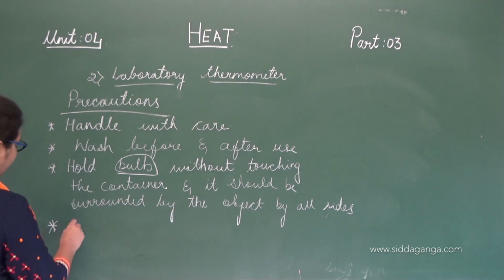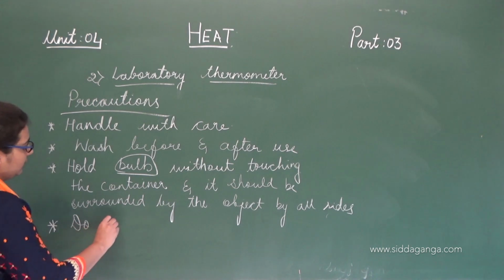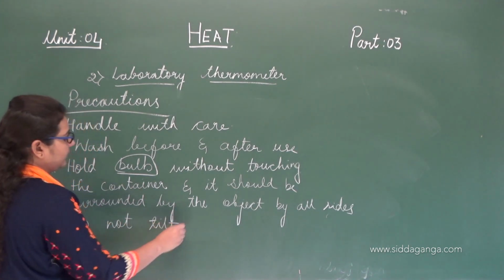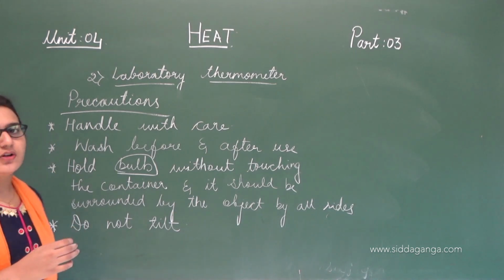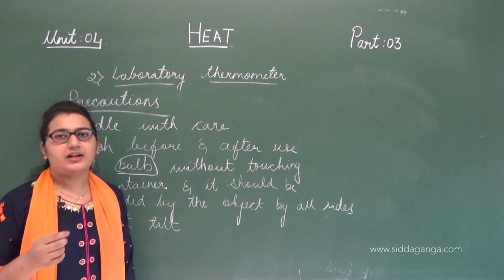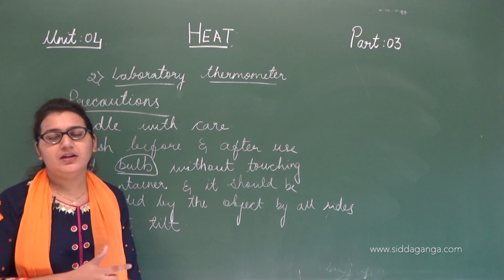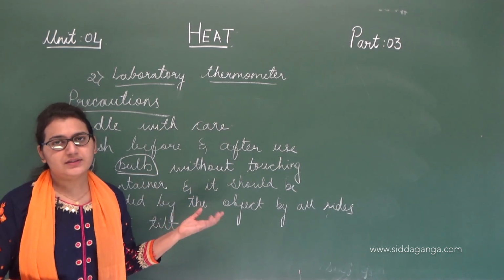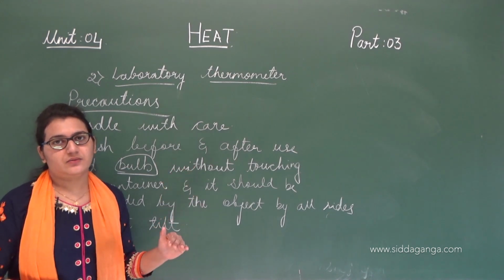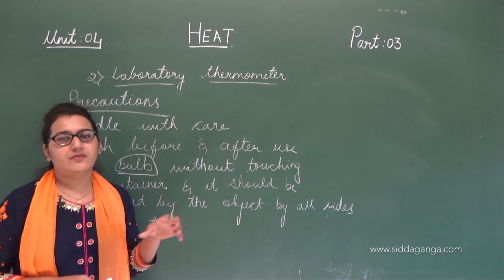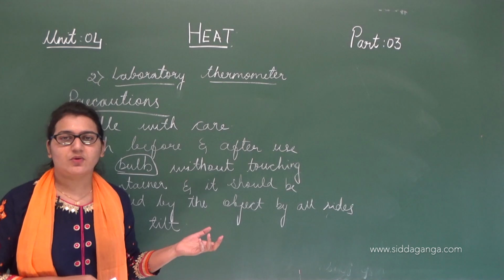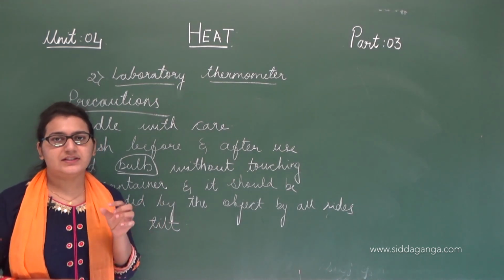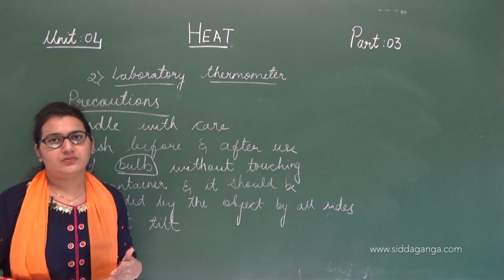And again this thermometer should not be tilted, and the reason remains the same: there is no kink. This thermometer has to be kept upright. Those are the precautions we need to take. If we tilt or move the thermometer, there is a change in the movement of mercury, because it is a liquid and it can flow.